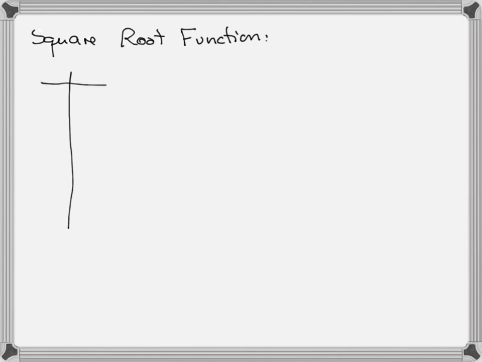Make a t-table. Start at -1, 0, 1, 4, and 9 for the x values. The symbol for square root function, square root of x. Go ahead, graph it. Do something. Wake up.